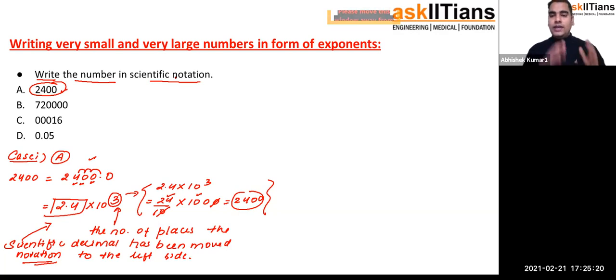This is only the one case I have taken, where I was provided a proper number, 2400. But we are going to discuss other cases as well, like case B, case C, which is written differently, and case D, which is again very different from the rest. Those cases also we are going to discuss so that you have more clarity over this particular concept. All right, so this was case one.